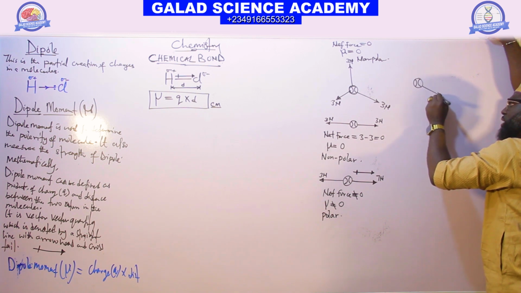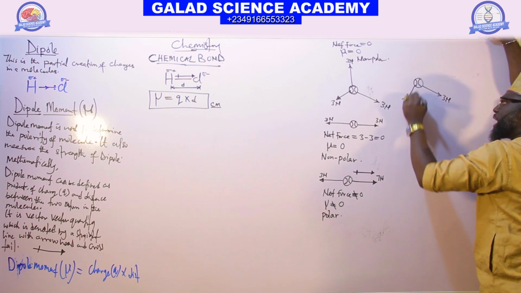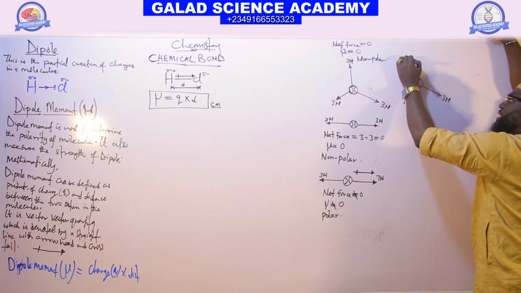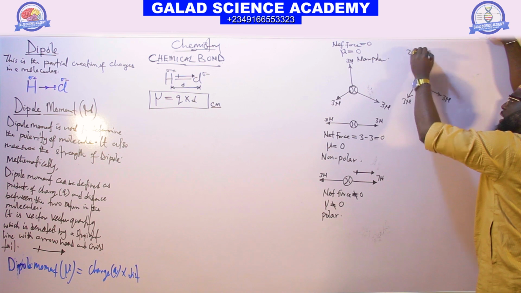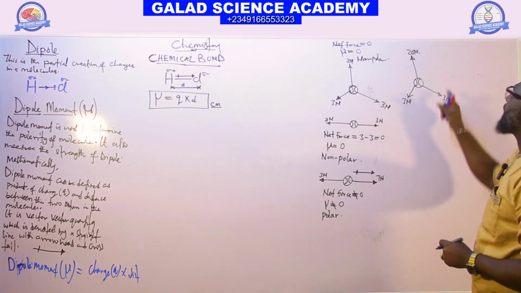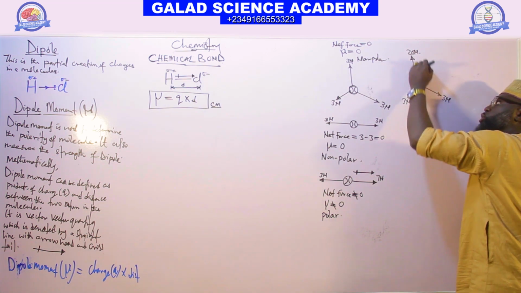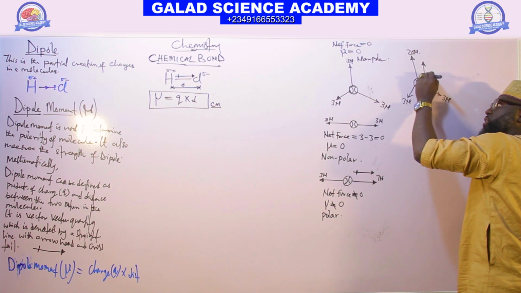But in the case of this kind of molecule again, we have a ball. I insert 3 Newton here, another 3 Newton here, and at this side, I insert 20 Newton. You can see that this 20 Newton is more than 3. So automatically, the ball will go in this direction.